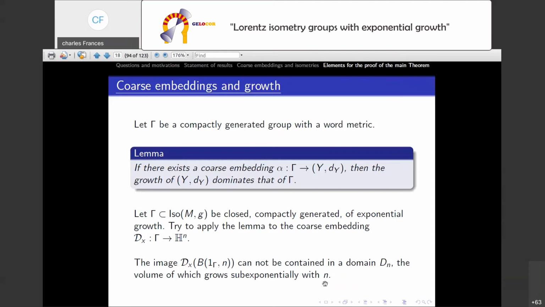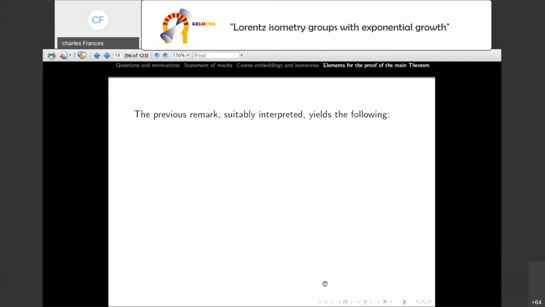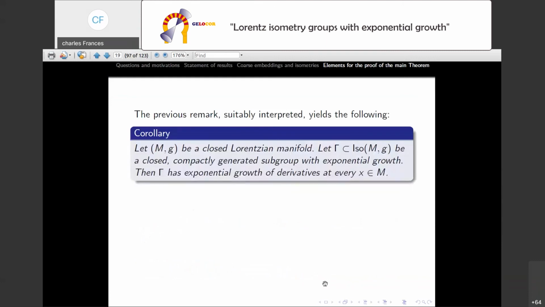So if you suitably interpret this remark, you get the following corollary: if gamma inside the isometry group has exponential growth, then it must have, at each point, exponential growth of derivatives. What does it mean?